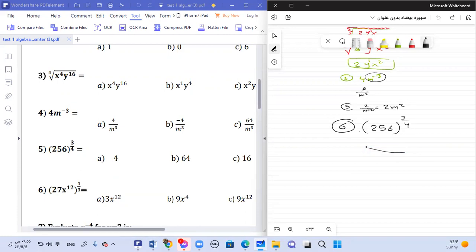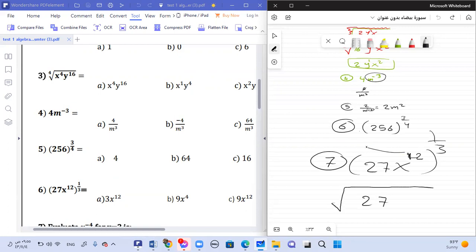Another exercise, number 7. 27 power of 12 over 3. Use the calculator, check your answer. Okay, that means 27 power of 12 and the index in here is 3. Yes, Jana.